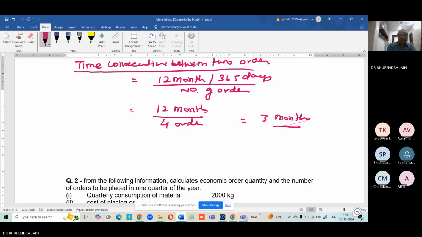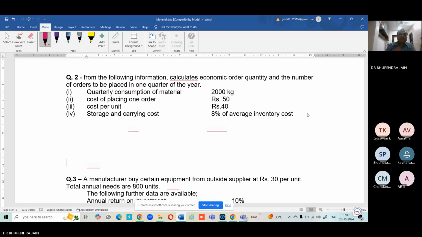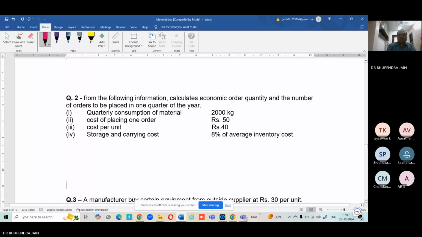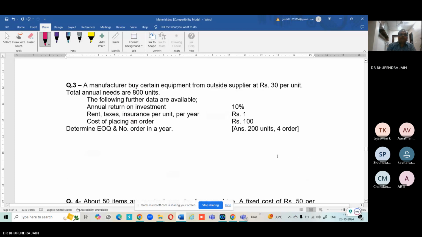Now, let's do this one. A manufacturer buys certain equipment from an outside supplier at rupees 30 per unit.